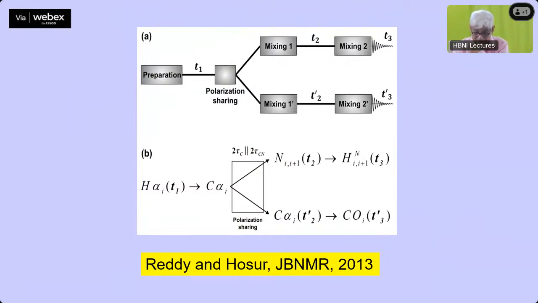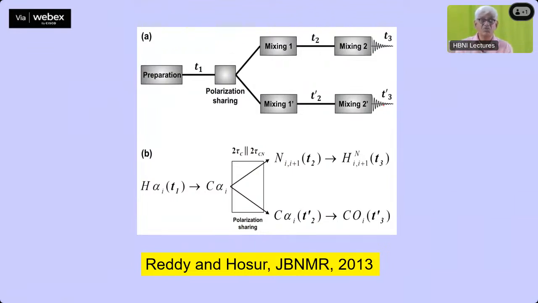Now what remains here is C alpha I. You transfer this to the carbonyl, because this is the one bond coupling, C alpha to carbonyl, and you detect the carbonyl. This is the second receiver, because you make use of the second receiver here. This receiver detects the carbonyl, this receiver detects the amide protons. So this is proton detection and this is carbon detection, and here they detect the carbonyls.